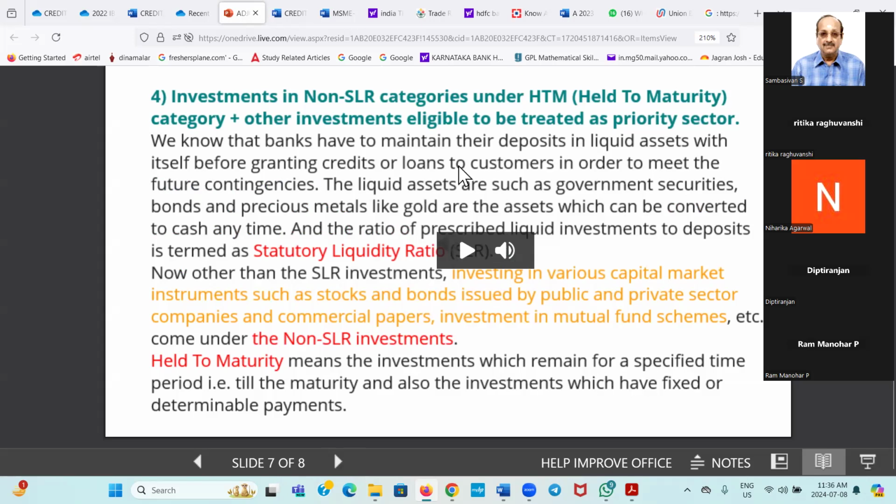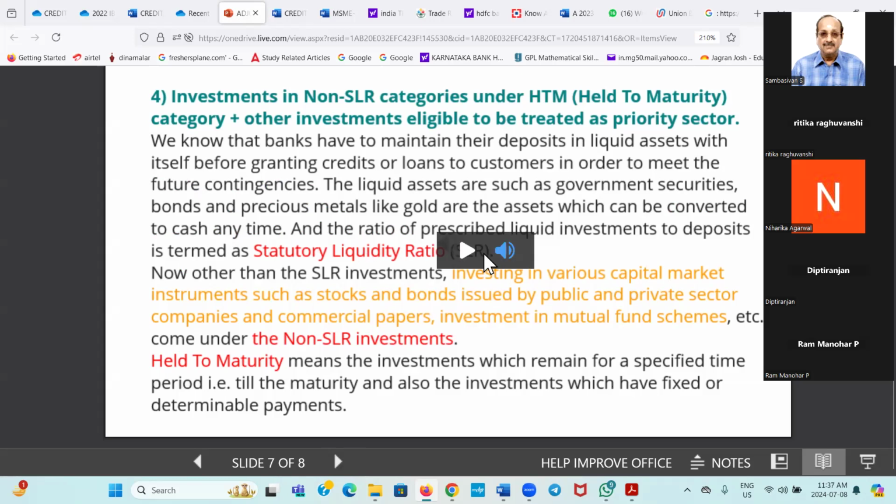We know that banks have to maintain their deposits and liquid assets with themselves before granting credits or loans to customers in order to meet future contingencies. The liquid assets are such as government securities, bonds, and precious metals like gold, or the assets which can be converted to cash at any time.